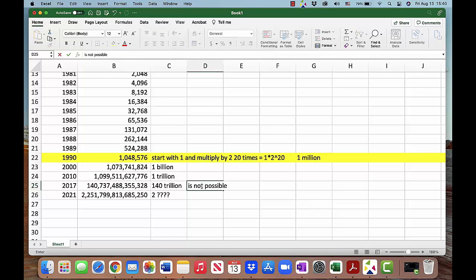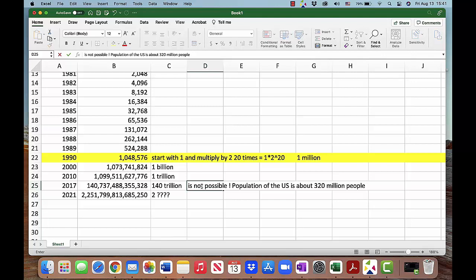Why not? Well, because the population of the United States is measured in millions, about 320 million people. People, not children, people altogether. And 140 trillion is a much larger number than that.